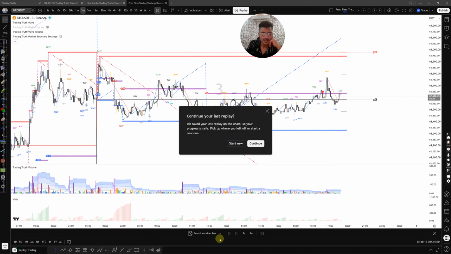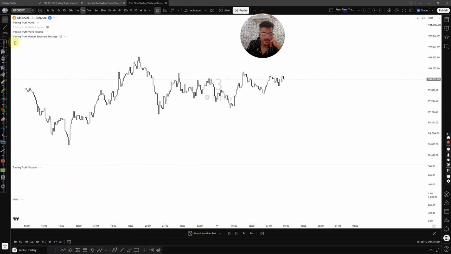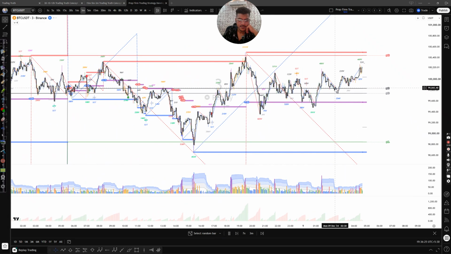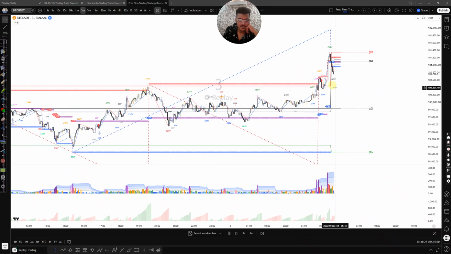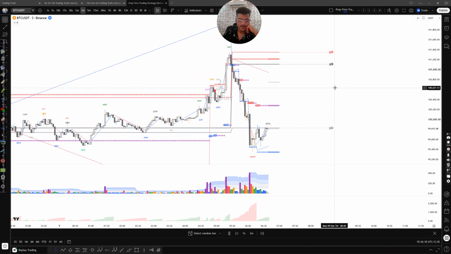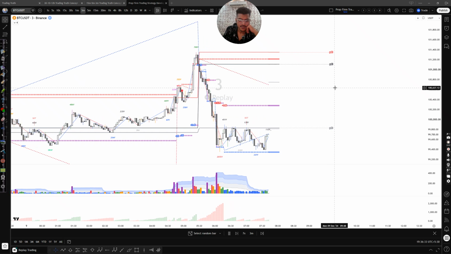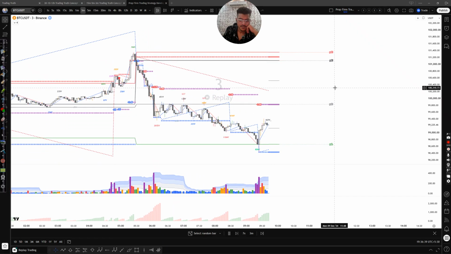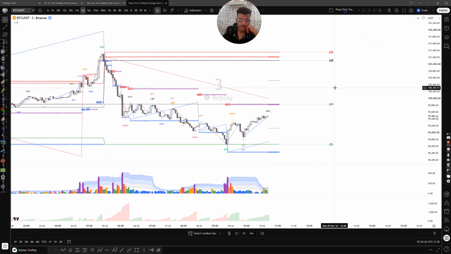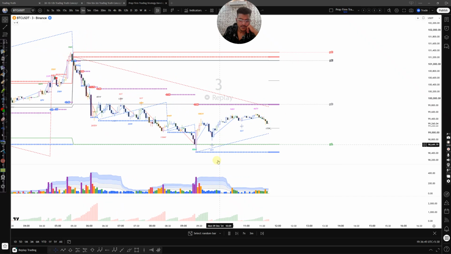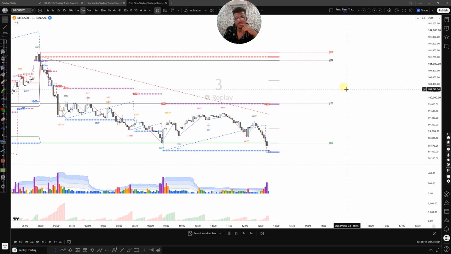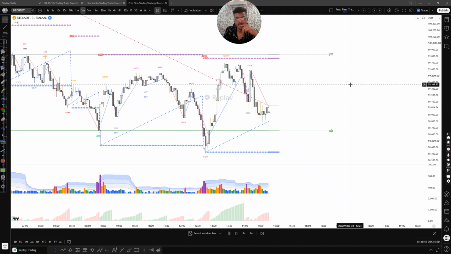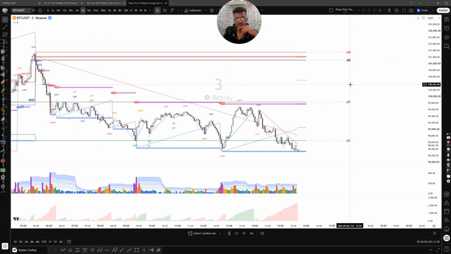All right, I think, bullish divergence. I think we'll get some bearish divergence trade because the market is downtrending.